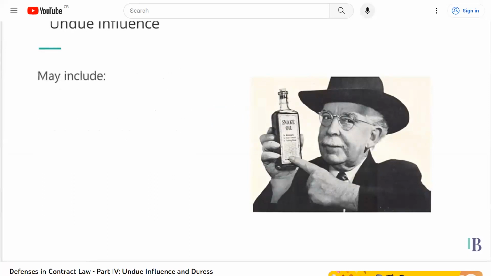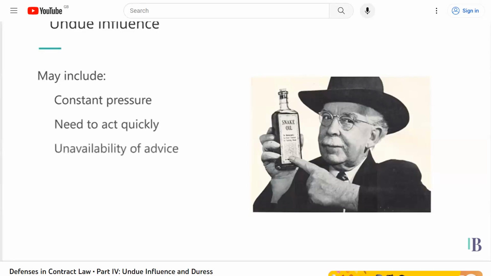Undue influence in this sense may include a broad range of tactics, including the following: exercising constant pressure on a party, trying to get them to conclude an agreement; creating or exploiting a situation in which the victim needs to act quickly or believes that they need to act quickly; a situation in which the victim doesn't have access to independent advice concerning a contract; finally, exploiting a victim that is infirm or otherwise vulnerable.